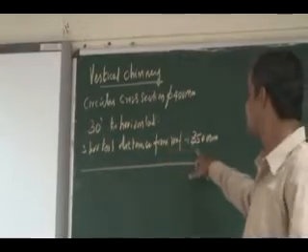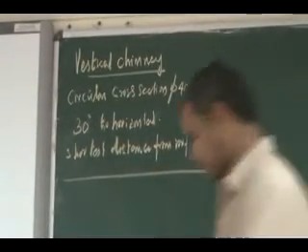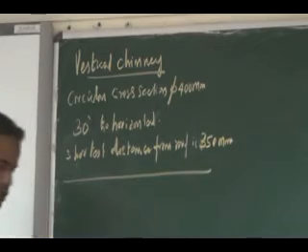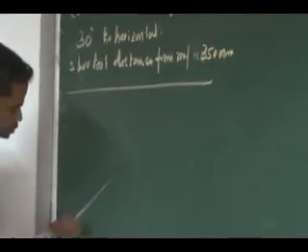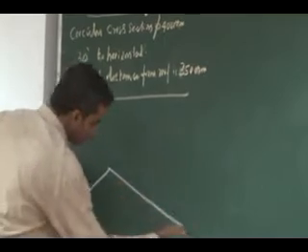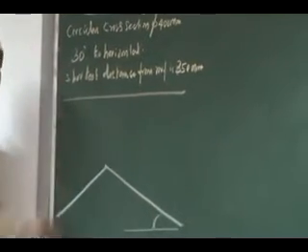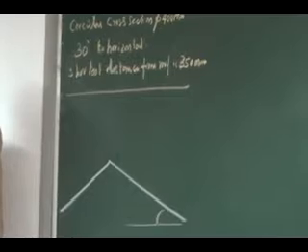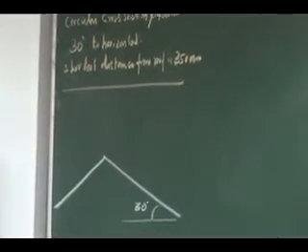The shortest distance from the roof to the chimney is 350. So you can see this diagram. I have an industrial slope like this. The slope is 30 degree.